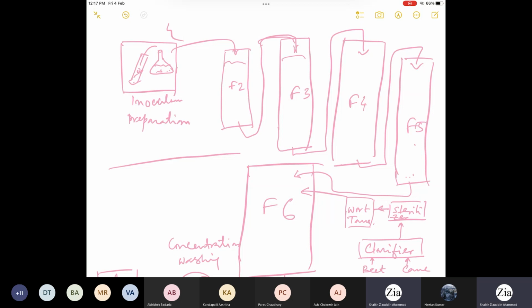Now one can ask whether the entire operation could have been done in a bigger reactor, like if you merged F2, F3, F4, F5, you could also generate the inoculum. But we generally don't do that, because whenever you try to grow them in a larger vessel, you will not be able to maintain the appropriate environmental conditions required for their growth.